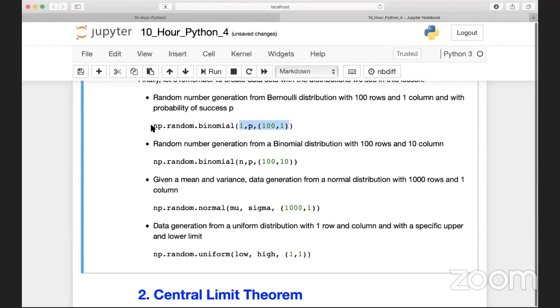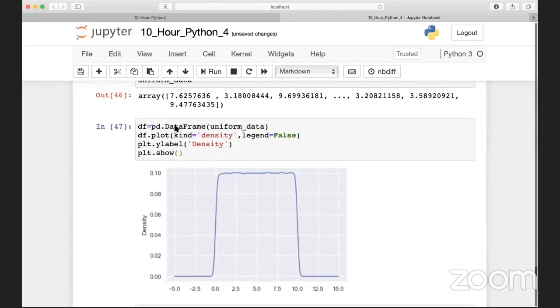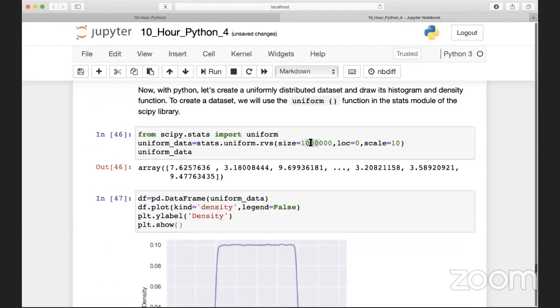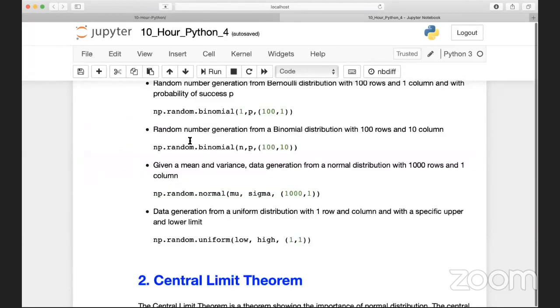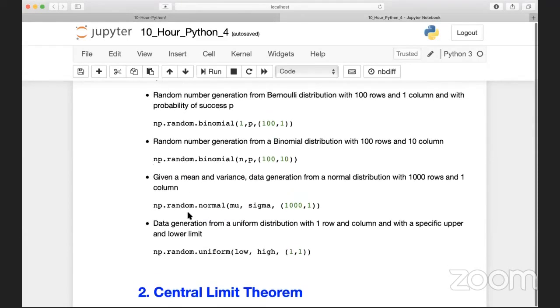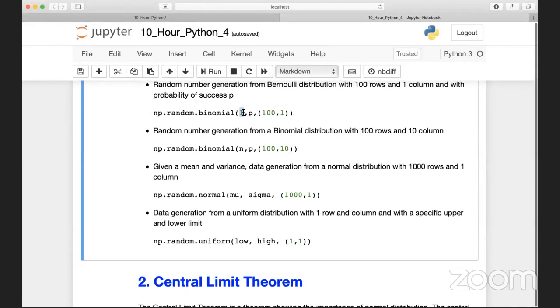If you are going to use Numpy instead of the stats package, which is a bit different, you can use the stats package as well, but I prefer using Numpy. np.random is the same for all the distributions that we have. np.random.binomial. So this represents the number of events, and this is the size. This is the sample size. This is the probability of the event.